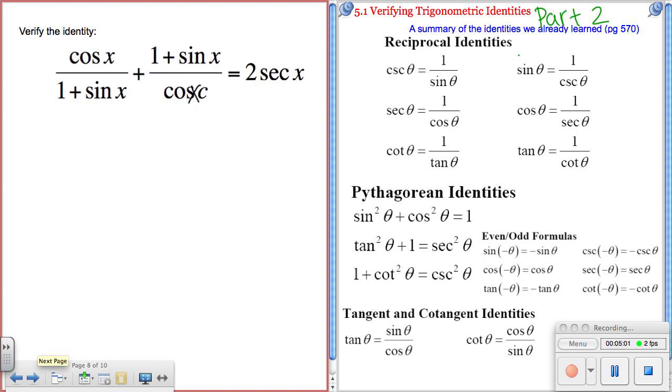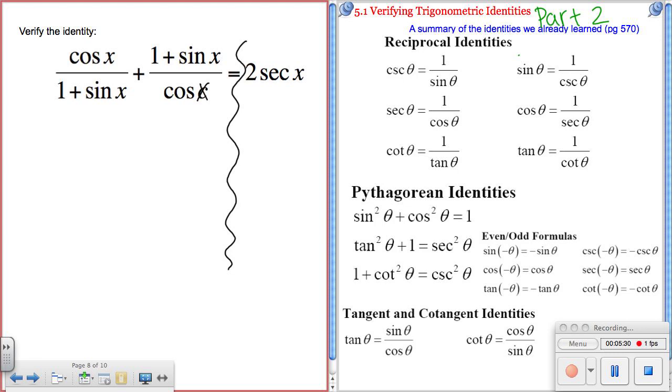It's pretty clear to me that the left side is more complicated than the right side. So we're going to start on the left. Now, if you remember, one of our guidelines after we start with the more complicated side is to combine fractions. So I want to add these two fractions together.